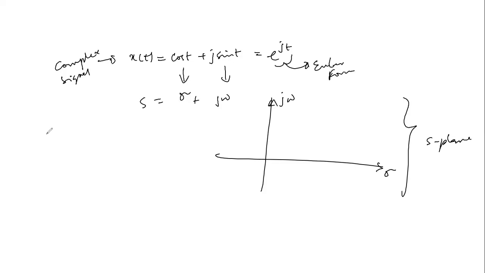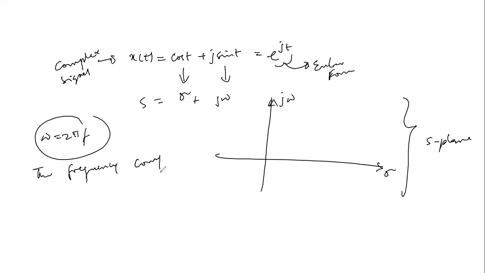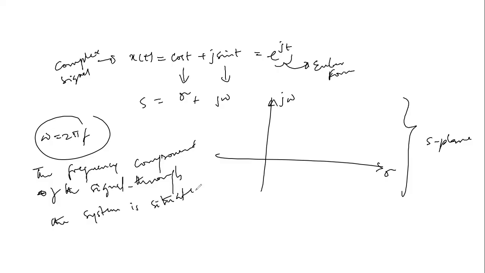Now you realize that the omega is in the imaginary axis, which is the same as 2 pi f, meaning the frequency component of the signal through the system is situated at the imaginary axis or components of the S-plane.